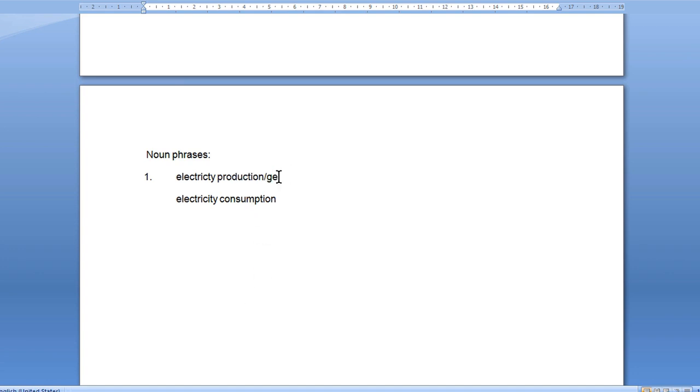Maybe generation, we can use that later. Consumption, just use is fine. Of electricity, cool. So that will be production of electricity, consumption of electricity, generation of electricity, use of electricity.